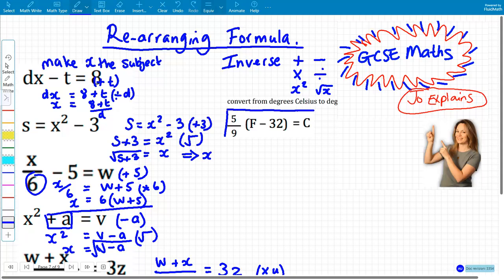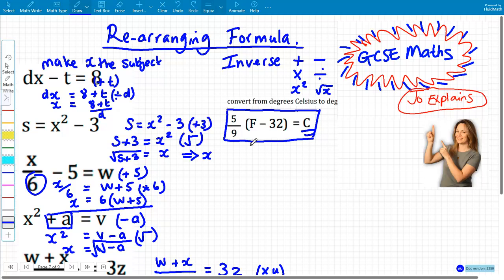So converting these two temperature measurements, Fahrenheit is here for F, and C is Celsius. So the question wants us to convert from degrees C, which is currently the subject, to degrees Fahrenheit. Right, so 5/9 times, in a bracket, Fahrenheit take away 32. That gives us Celsius.